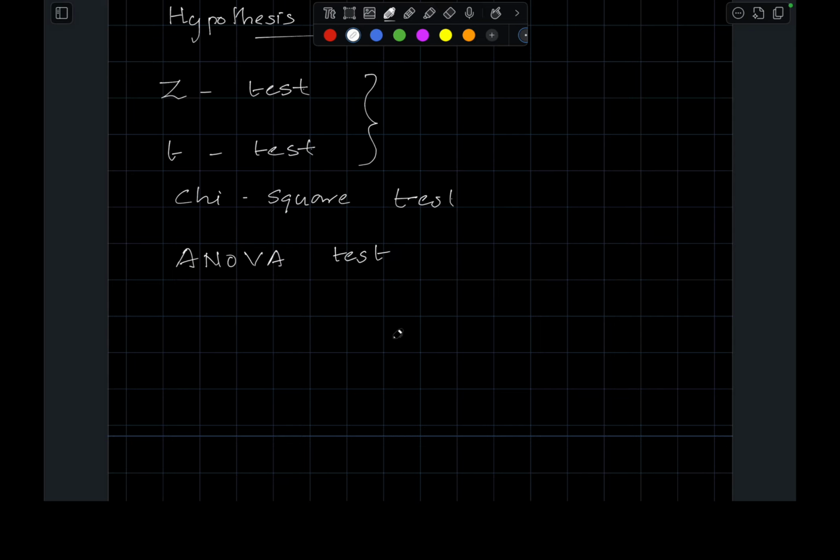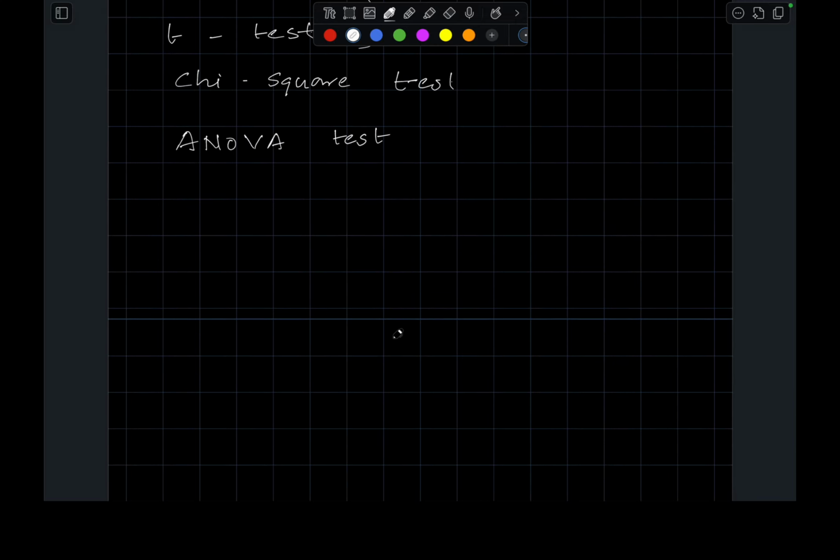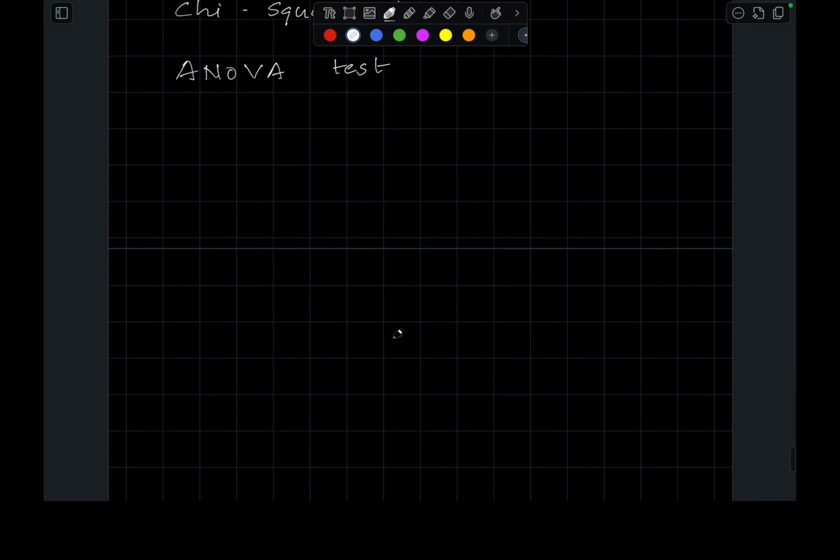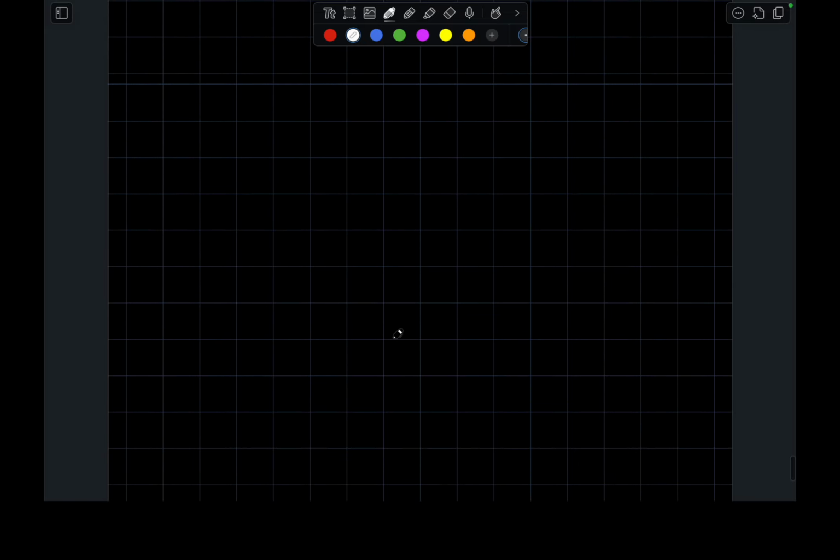So the Z test and T test, as I said, basically deal with data which is averaged data. First we will see in detail what the Z test is. We saw how to calculate the Z score earlier. So we have to consider the conditions first for doing a Z test.